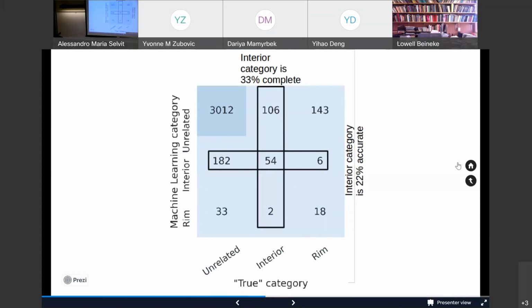The other thing I want to point out is that, of course, we're fighting the fact that 90% of our sources are not bubble associated, and we're looking for the 5% that are rim and the 5% interior, and that's hard. However, if you concentrate on the lower right corner of this confusion matrix, you'll notice we're really good at distinguishing interior from rim.